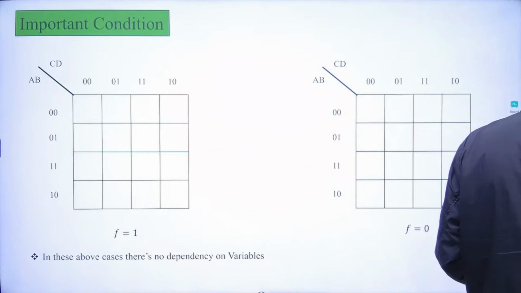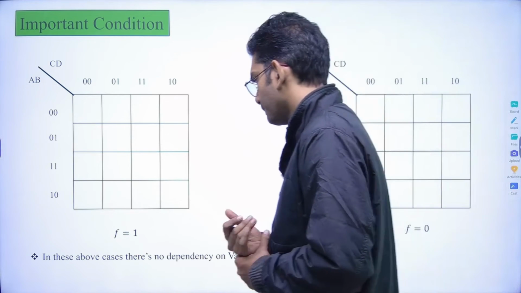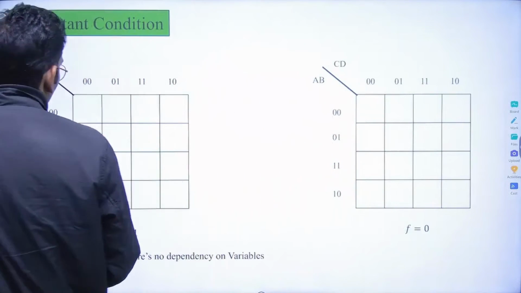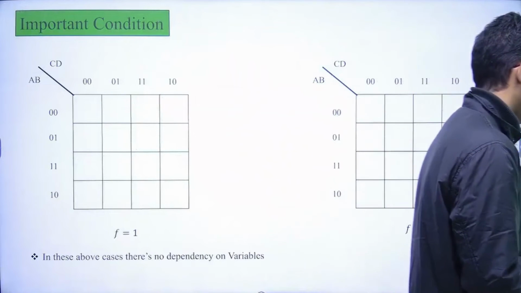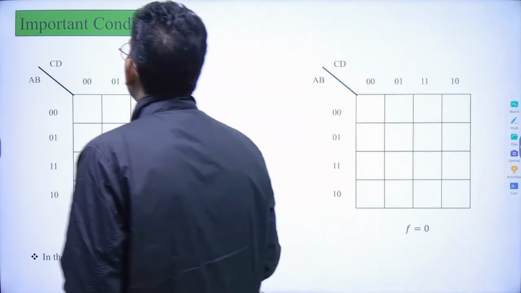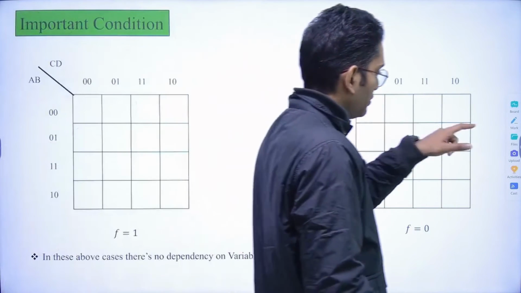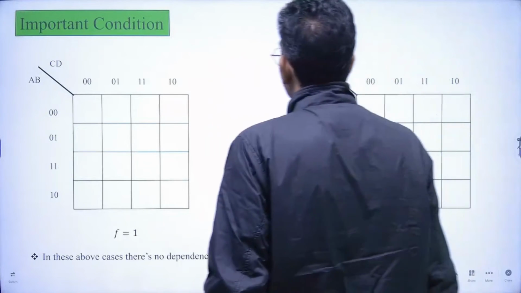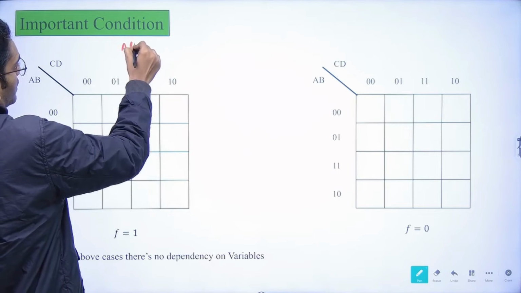Okay, so the next important condition is what happens in a particular K map. We will take two conditions. Suppose in this particular K map all the values are 1.